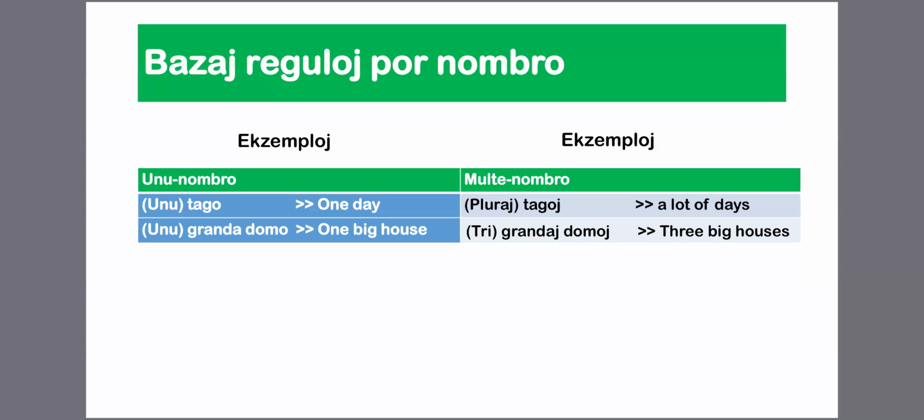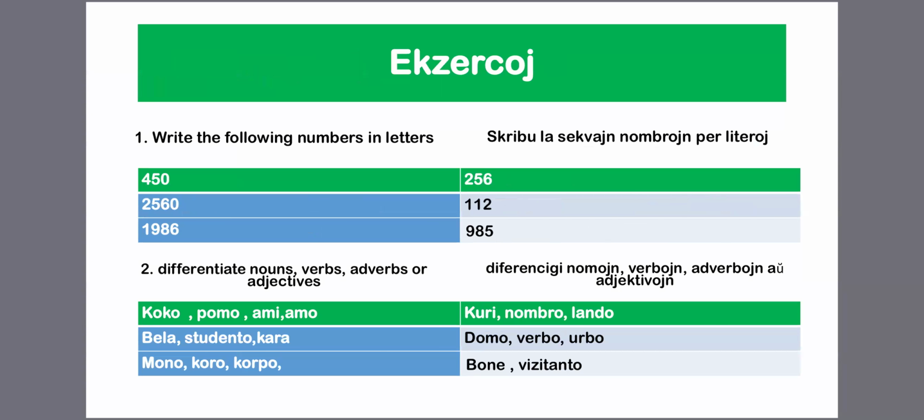Three grandai domoi, so three big houses, ou bien trois grandes maisons. So I can say unu. Unu, c'est le nombre. Three, c'est le chiffre. So this is the regulation on how we can say numbers.